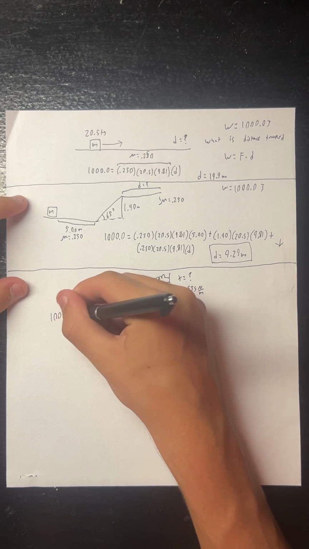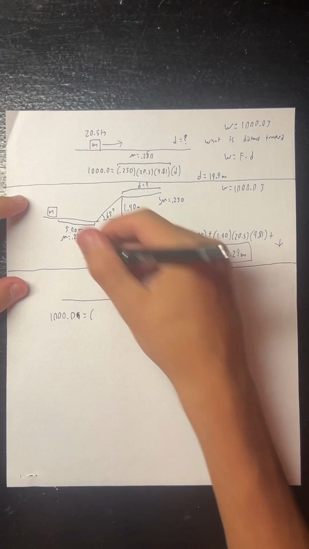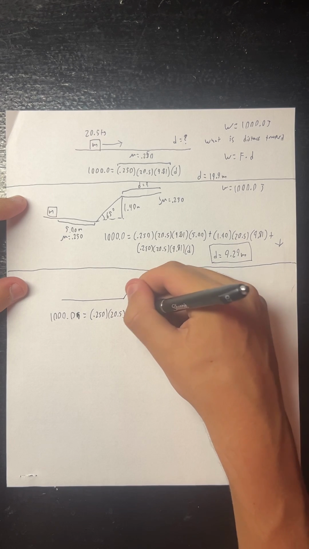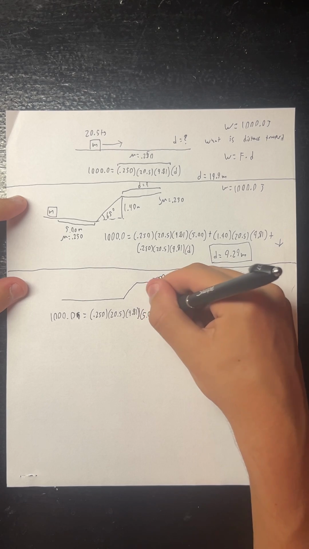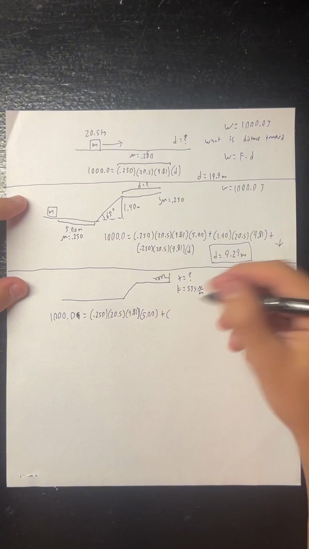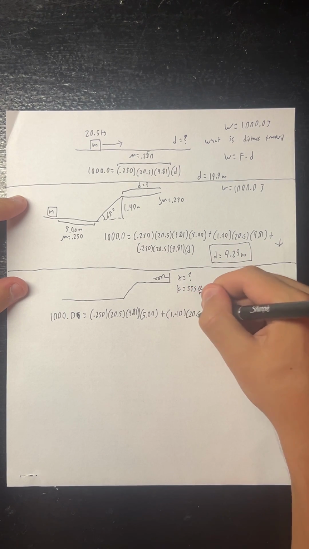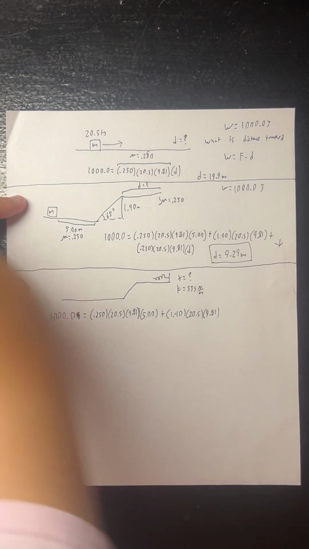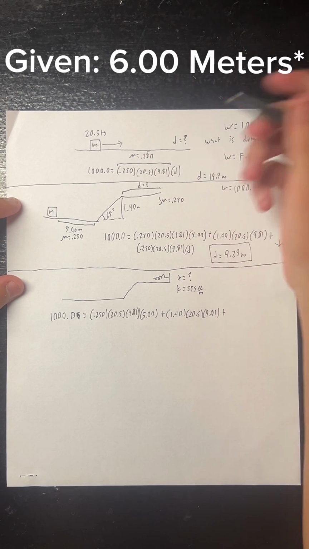It's going to be 1,000 joules equals our friction here, 0.250 times 20.5 mg, and the distance is 5.00, plus our potential energy gained, which is 1.40 times 20.5 times 9.81, mgh. Sorry about that.